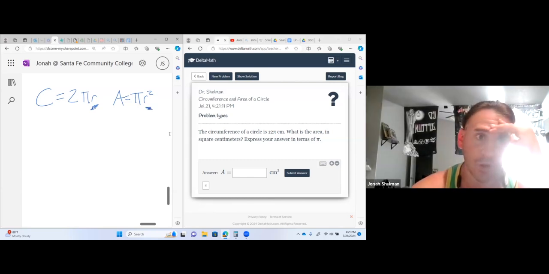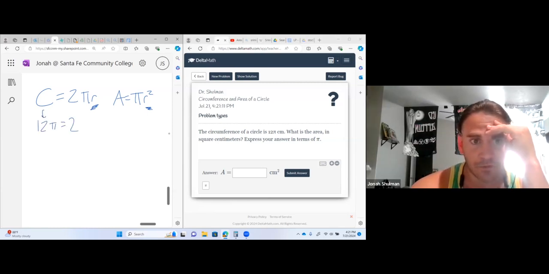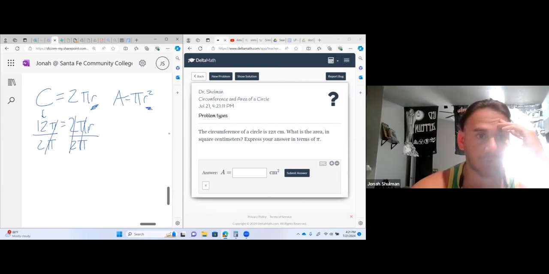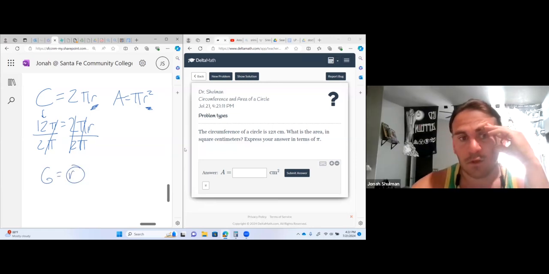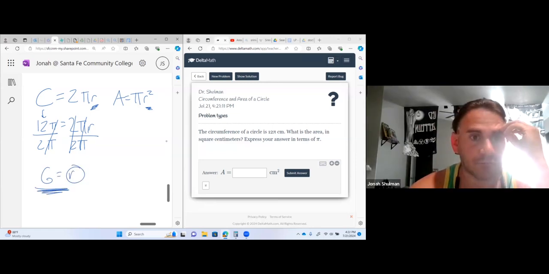So we know that the circumference of a circle is 12 pi. That's what they give us. So if we know that, we can get the radius, right? We can divide both sides by 2 pi. The pi's fall. The 2's fall. What's 12 divided by 2? 6. So we know our radius is 6. Now, because I have my radius, I can fill this in.